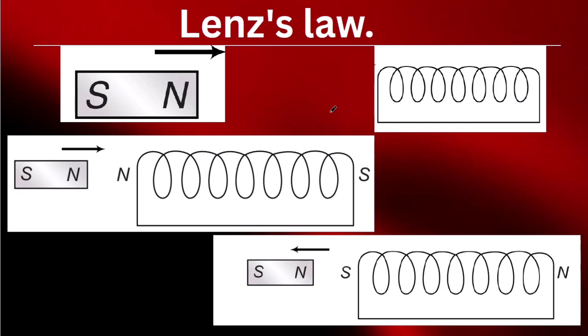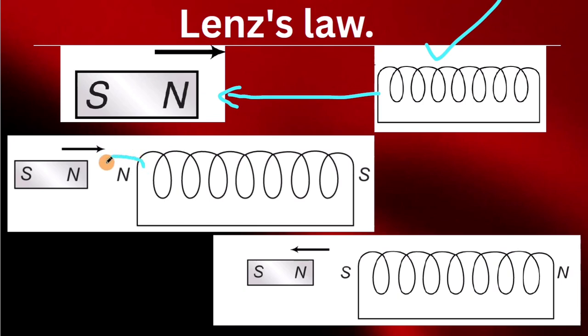Now study Lenz's law in detail. It is a solenoid. When a bar magnet is placed at a very great distance, it has no effect on this solenoid, right? Now when it comes close to this solenoid, you see induced current will flow, thereby creating an induced magnetization in the solenoid. And which pole will it create at the nearest end?